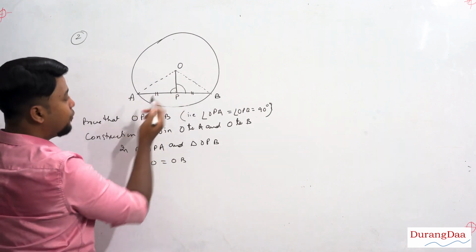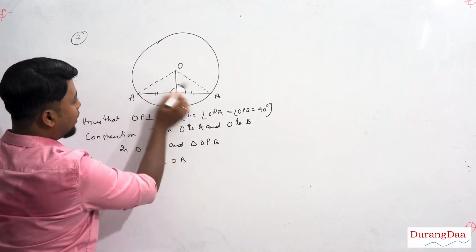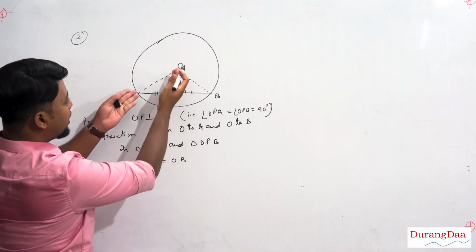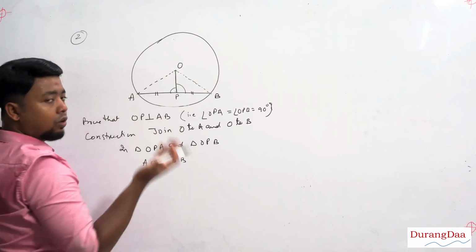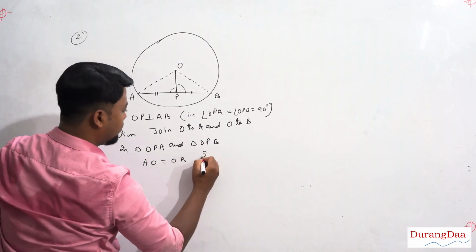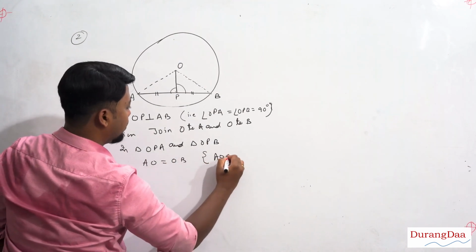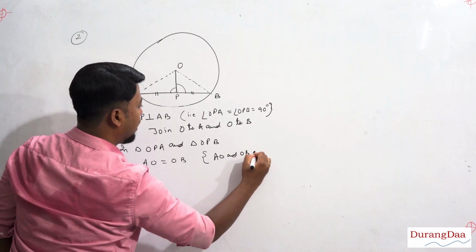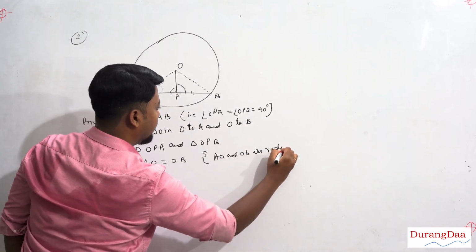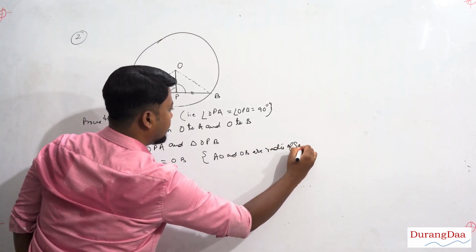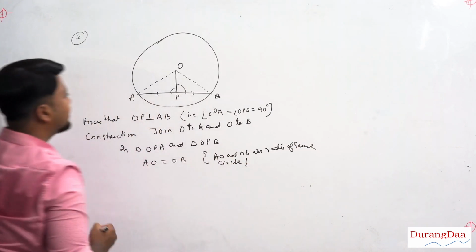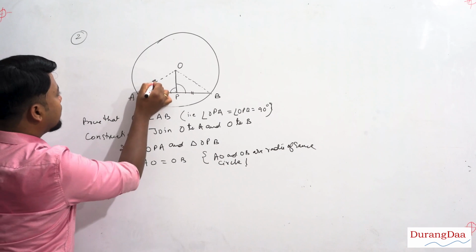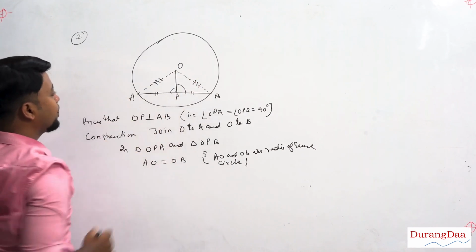Because if you look carefully, AO and OB are actually the radius of same circle, and in a circle the value of radius is always same. So, write down the reason here. AO and OB are radii of same circle. Alright. Second part, so this is equal and this is also equal.